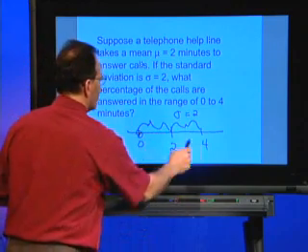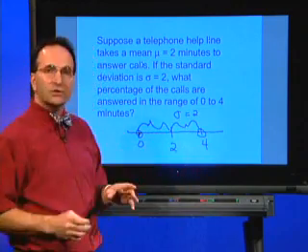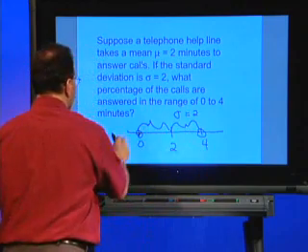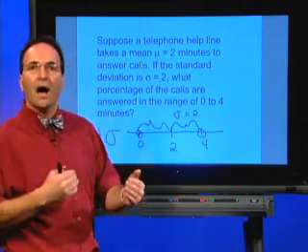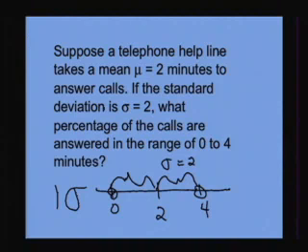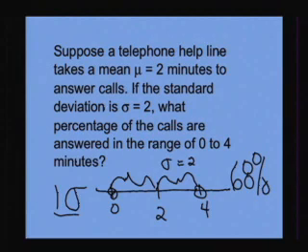From 0 to 4. And that interval is 1 standard deviation below and above the mean, which means that 68% of the data lie within that interval, that is between 0 and 4 minutes for the length of the wait to answer the phone call.